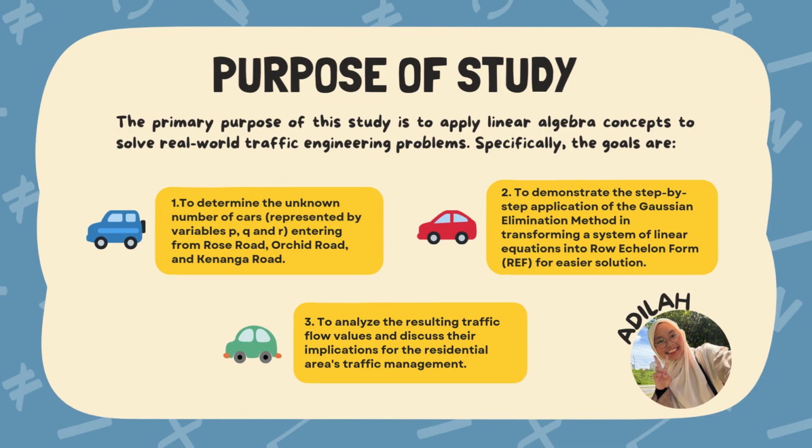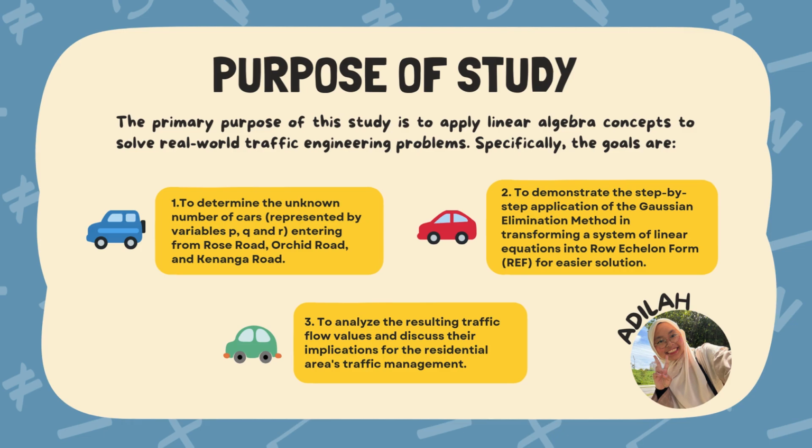Purpose of study. The primary purpose of this study is to apply linear algebra concepts to solve a real-world traffic engineering problem. Especially, the goals are: firstly, to determine the unknown number of cars represented by variables P, Q, and R entering from Rose Road, Orchid Road, and Kenanga Road.